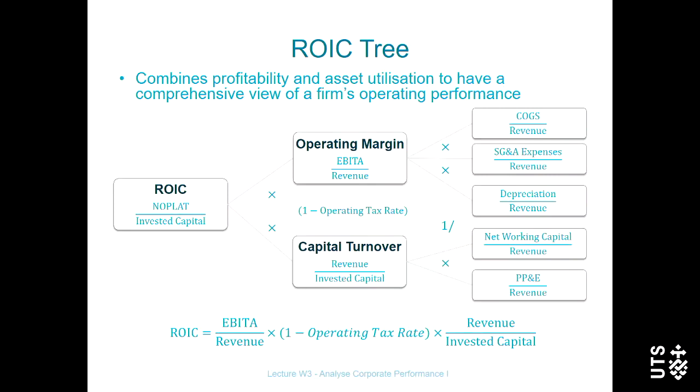Then you multiply that by capital turnover, which is revenue divided by total invested capital. We'll come back to that definition of invested capital in upcoming lectures. When you multiply those two, you get the return on invested capital, which is an operating measure of profitability.